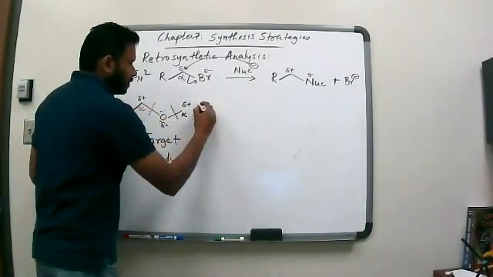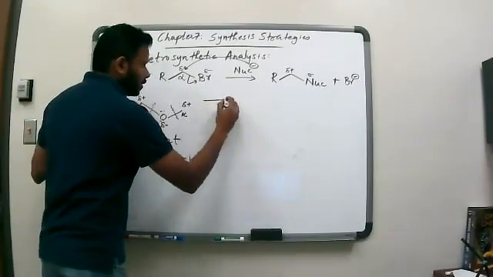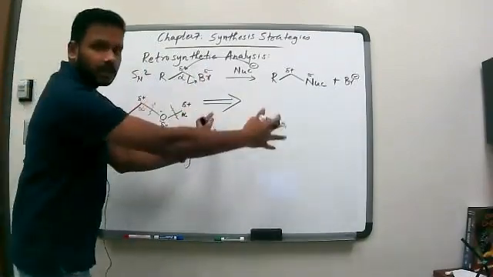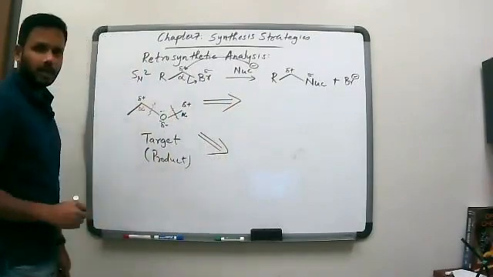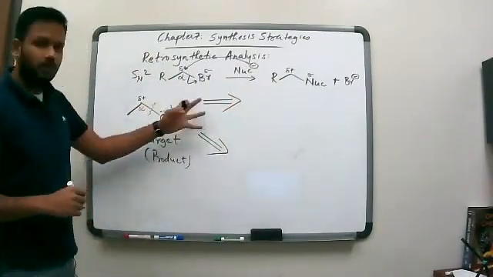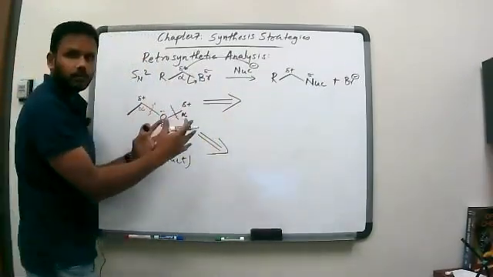When we are doing retrosynthesis, we use these retrosynthetic arrows to say that this is what the starting material could have been. This is not going forward, this is saying this is where it could have come from.